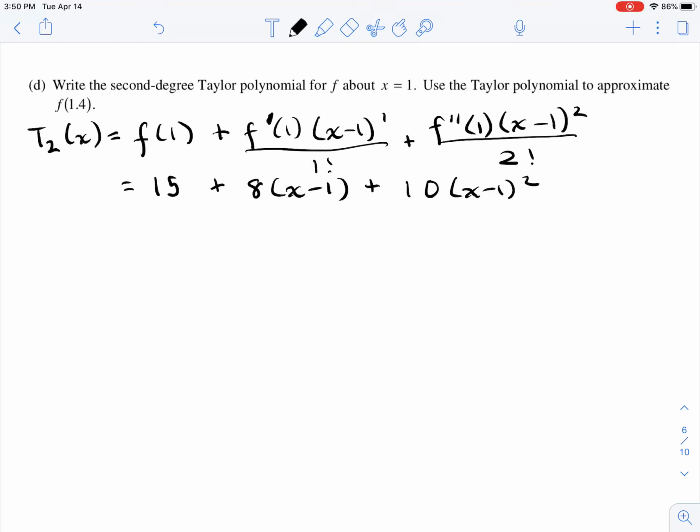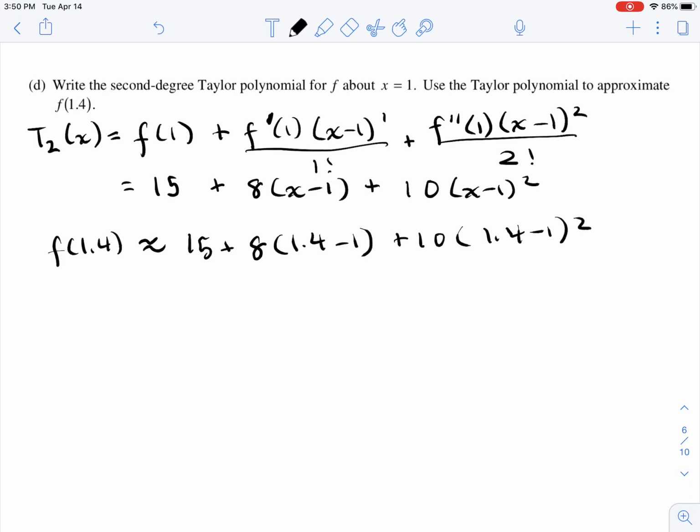So there's our second degree Taylor polynomial. Now our last step is to use that Taylor polynomial to approximate what f of 1.4 might be. So from there, 15 plus 8 times 1.4 minus 1 plus 10 times 1.4 minus 1 squared.